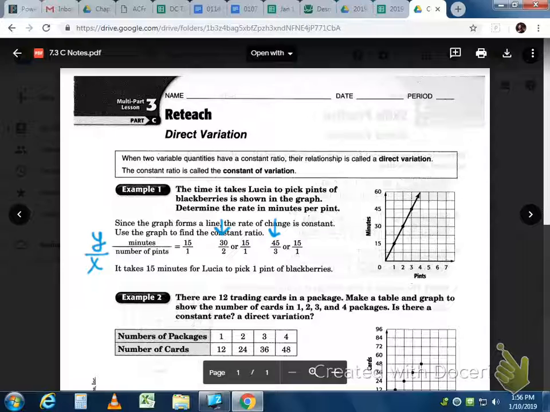They all are the same amount when you reduce them, aren't they? Aren't they all 15 over 1? Aren't they all reducing to the same thing? Yes. That is a constant ratio. So therefore you can say it takes her 15 minutes to pick a pint of blackberries.